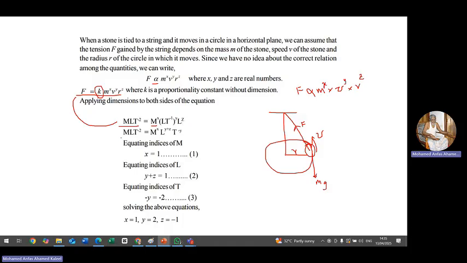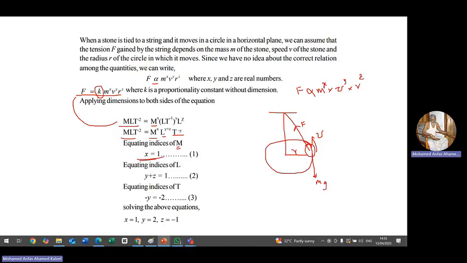So this one is MLT minus 2. Now by grouping, we get M to the power x, L to the power y plus z, and T to the power minus y. Equating the indices of M, 1 is equal to x, so x is equal to 1.